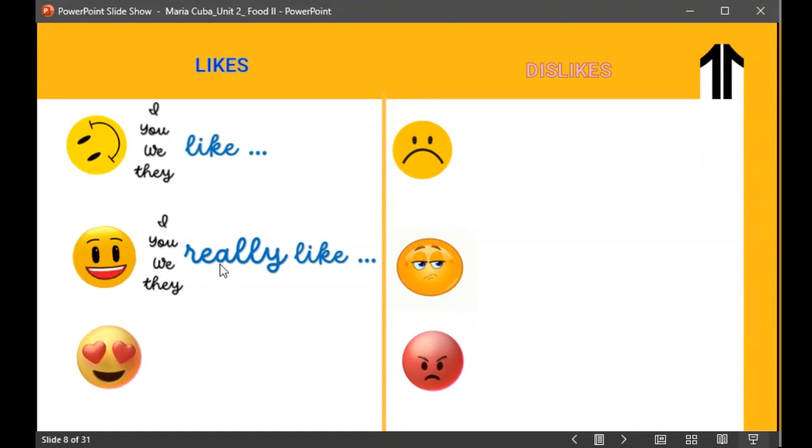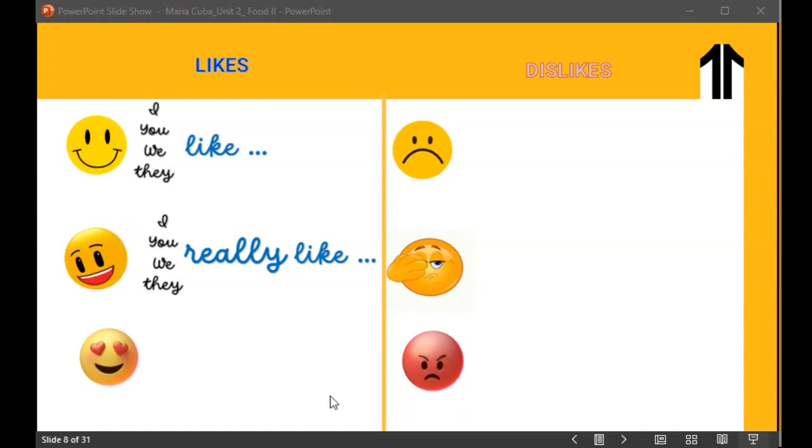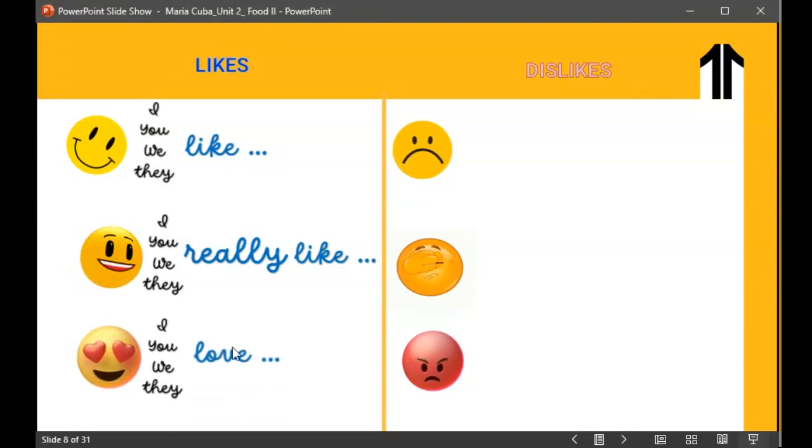This is a different level. Este es un grado distinto, es un grado un poquito más. And finally, we can say that we can use love.